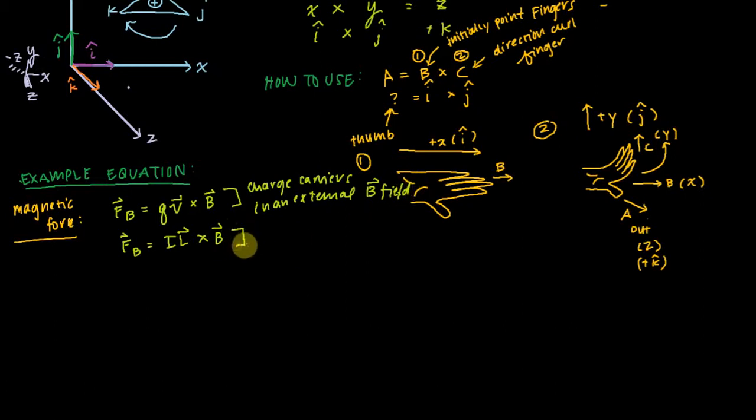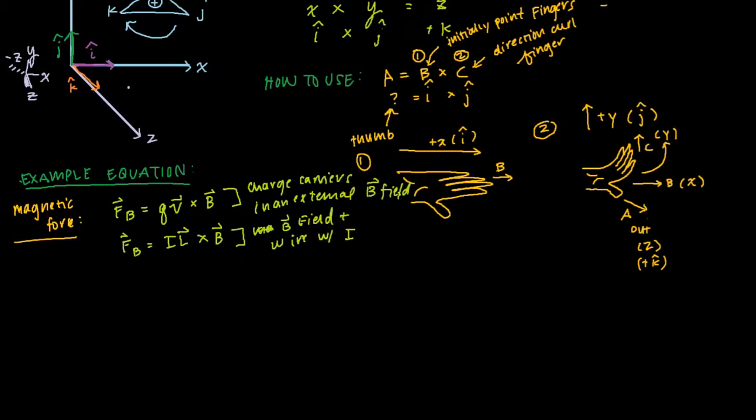And then this is used generally when you have a uniform B field and you also have a wire with current.